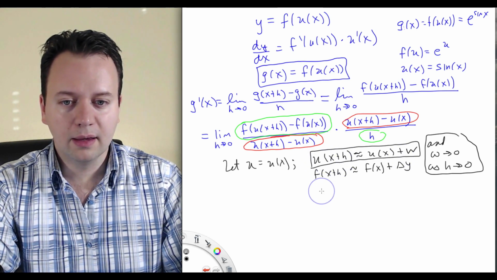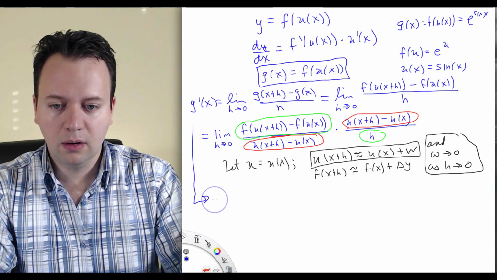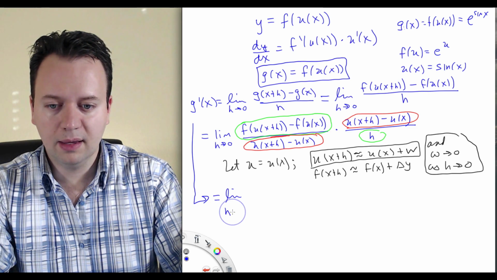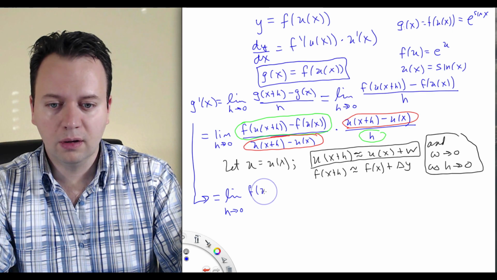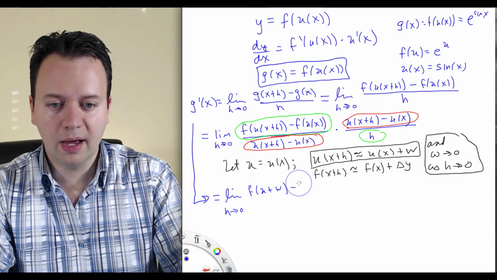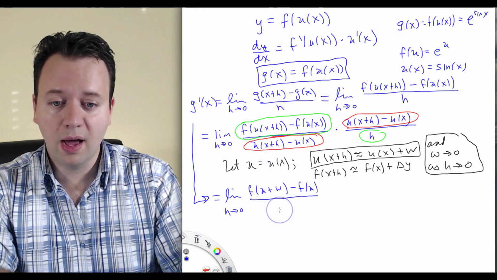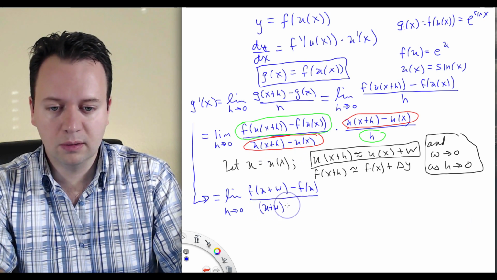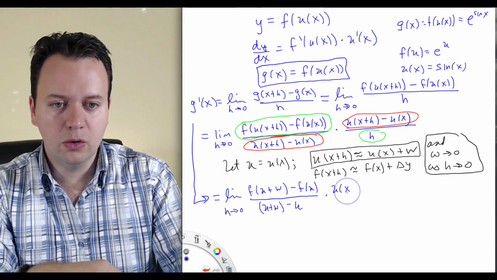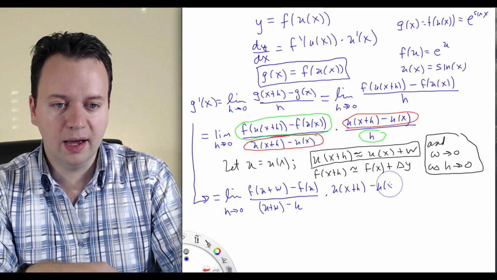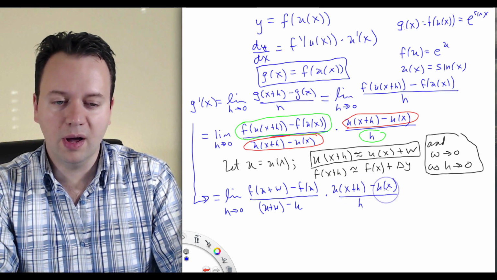Given that, we can rewrite the derivative as the limit as h goes to 0 of f of u plus w minus f of u, over u plus w minus u, and then times, on the right, I'm going to keep it the same: u of x plus h minus u of x over h. You could have rewritten this as u plus w minus u as well.